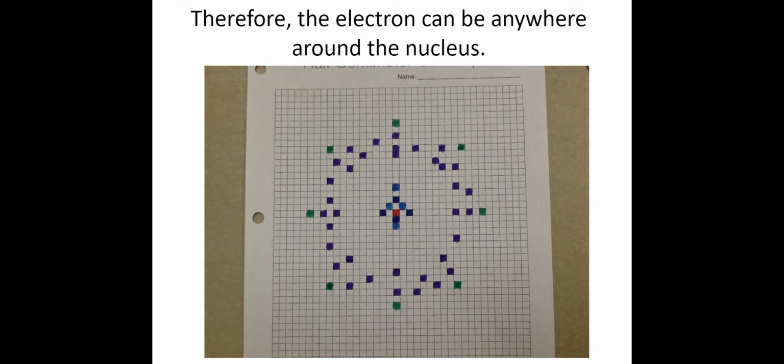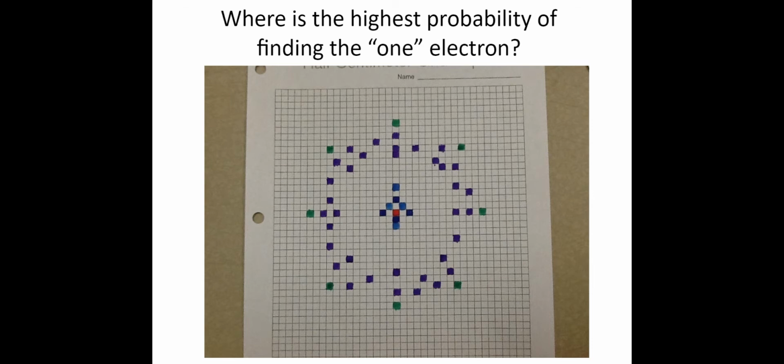The electrons are whizzing around, and at any instant, they could be at one of these particular dots. Where is the highest probability of finding this electron? Where the dots are the most filled in. Now, keep in mind, you're looking at a 2-dimensional sheet of paper that's really trying to get you to visualize a 3-dimensional sphere.